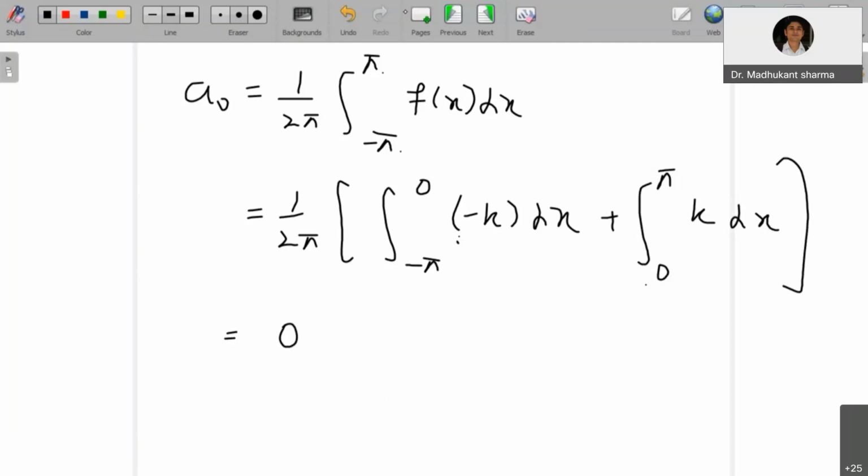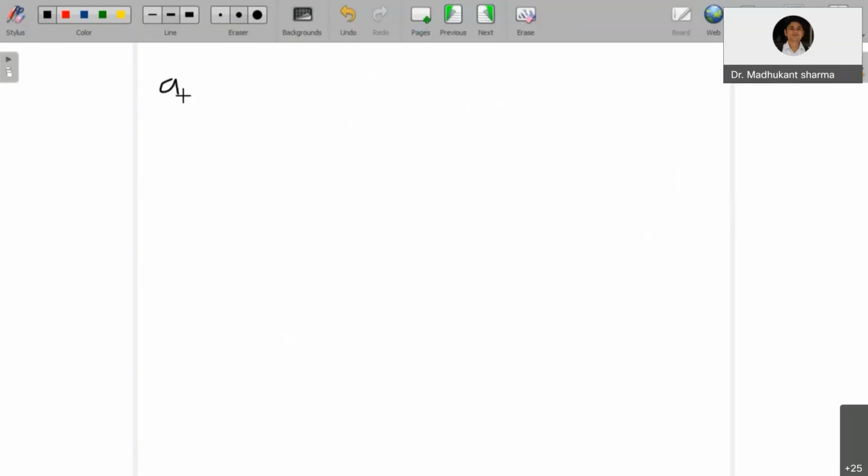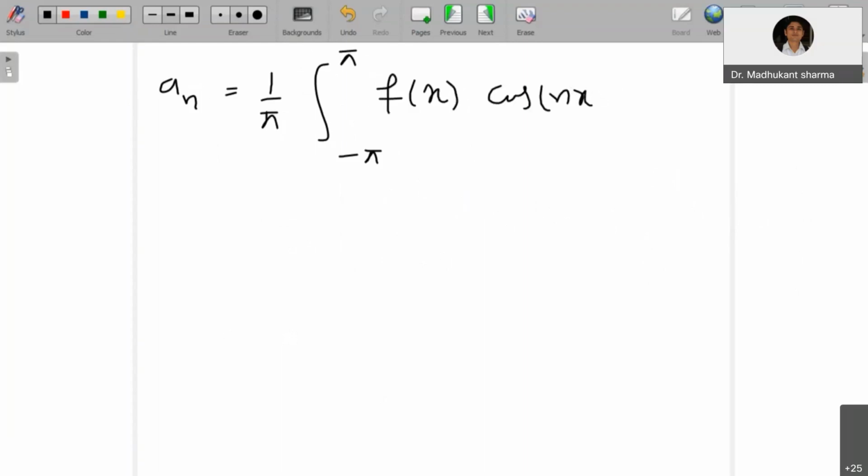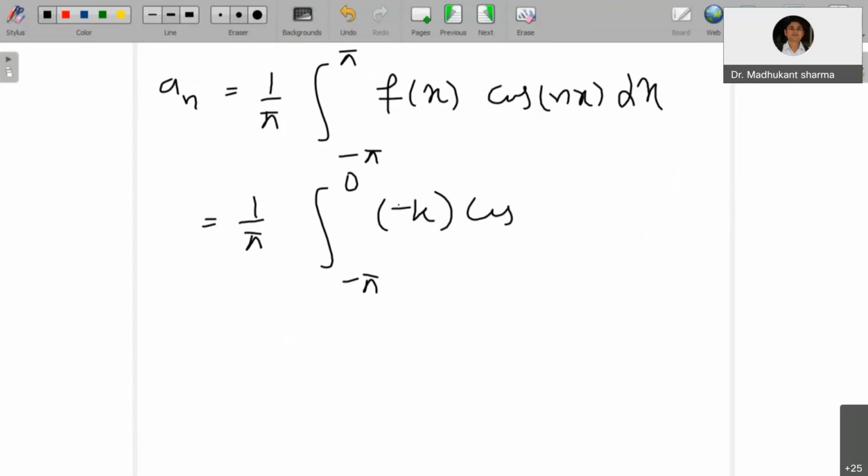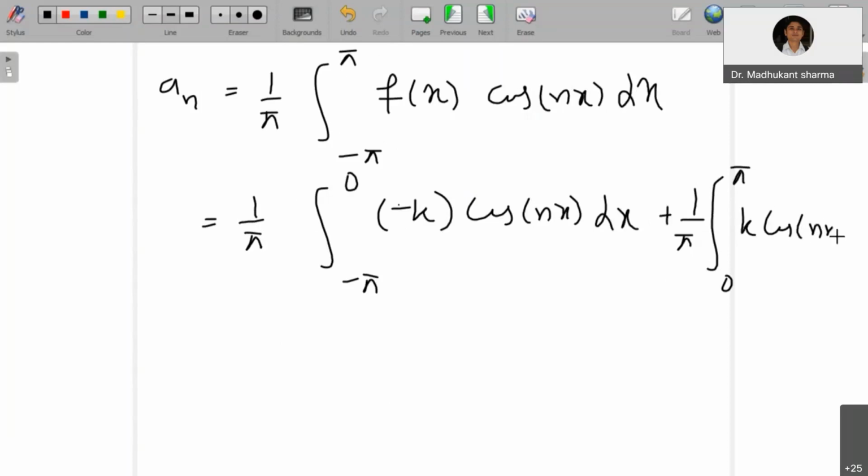Now an equals 1 upon pi integration from minus pi to pi of f of x times cos of nx dx. So that equals 1 upon pi integration from minus pi to 0 of minus k cos nx dx plus 1 upon pi integration from 0 to pi of k times cos of nx dx.